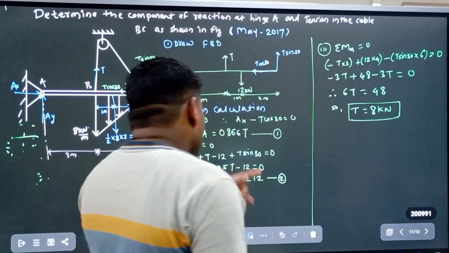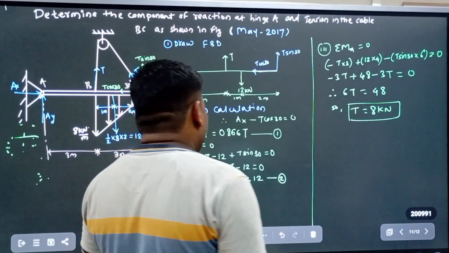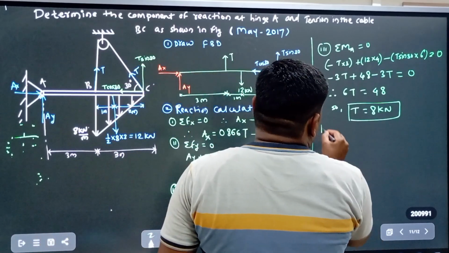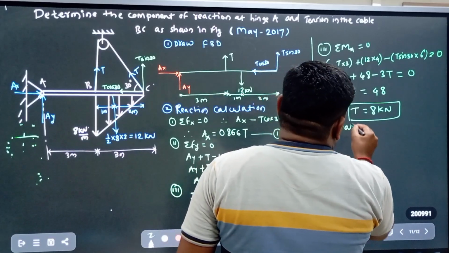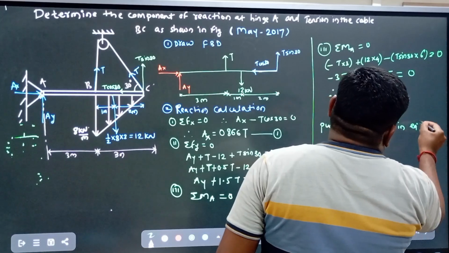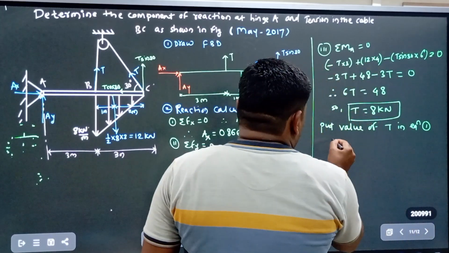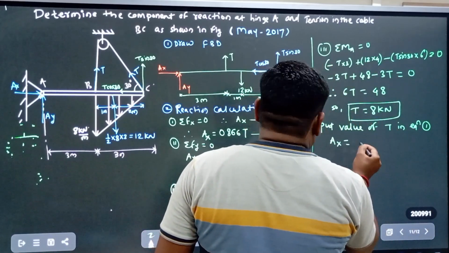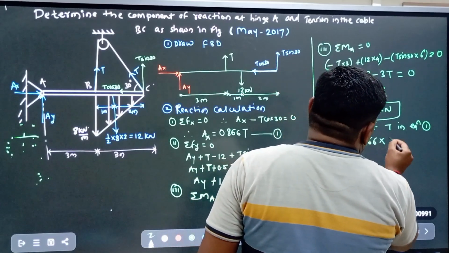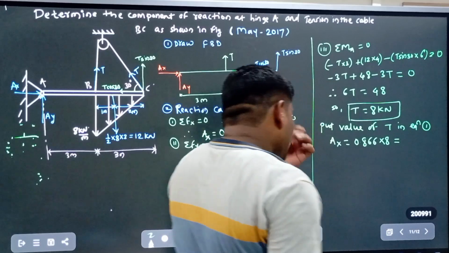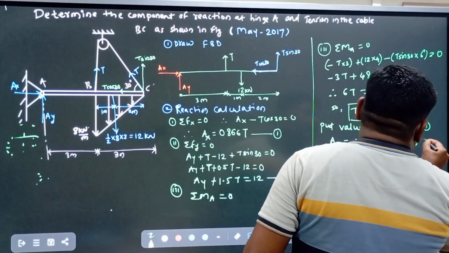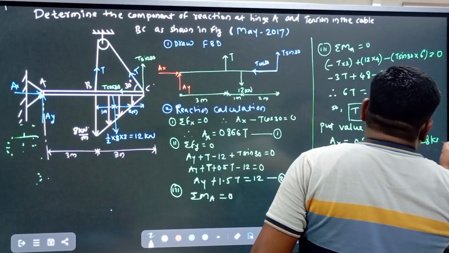Put the value of T in equations 1 and 2. From that we will get AX and AY. Put the value of T in equation 1. So AX is equal to 0.866 T, and T is 8, so that is equal to 6.928 kilonewton.